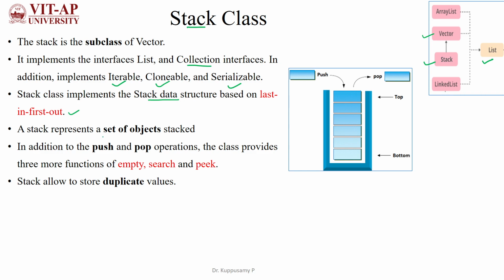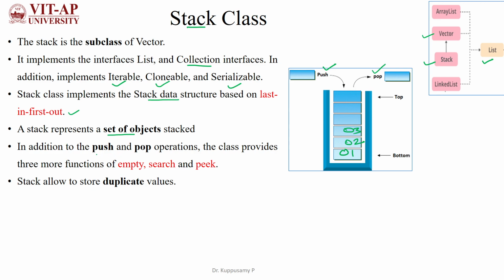The stack represents a set of objects. When we want to store the objects, we will use the push operation. Through that, we insert the objects one by one into the stack, up to the user's requirement. If you want to delete the objects stored inside the stack, we use the pop operation.